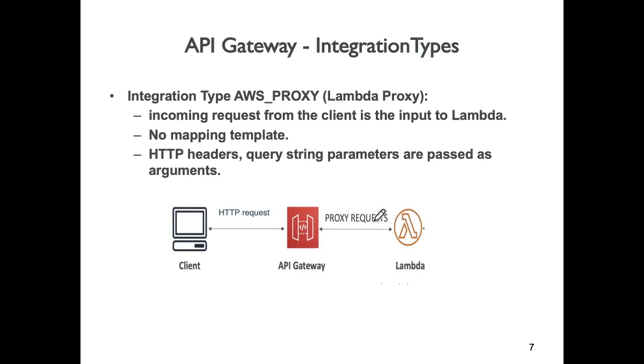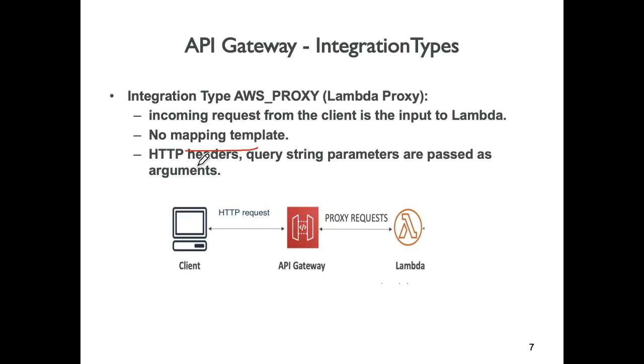So the backend understands HTTP communications, if you like, and it will respond with an HTTP response. There's no transformation being carried out here, so you don't need these mapping templates for this type of integration.